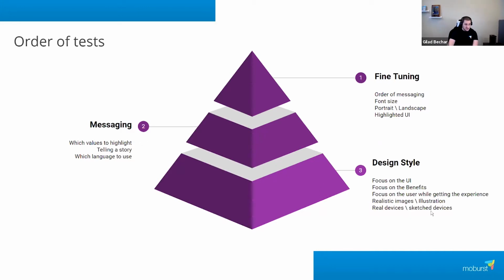But I think that the biggest changes usually are around the design style, and then the messaging can give you another, let's say, 50% of what the design style can deliver. Then continuing to optimize can deliver very significant value, but it won't be as significant as finding the right type of design style.